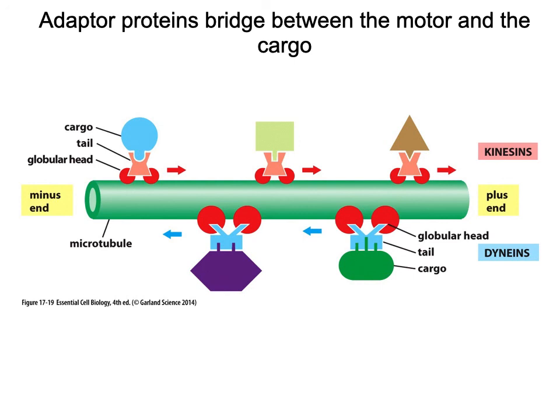So there are going to be adapter proteins that are going to allow for those connections between the motor proteins, dynein and kinesin, and the cargo. And the cargo would be the vesicle or the individual protein that's being moved, or the organelle that's going to be moved.